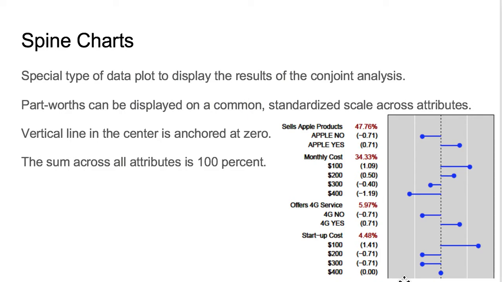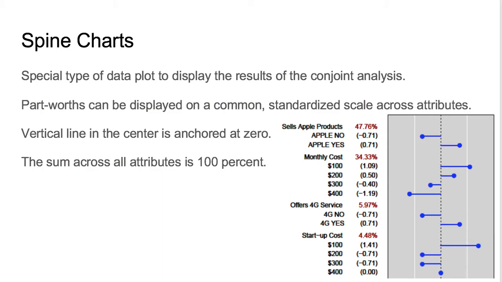So what does the spine chart say about this consumer's preference? If you look at figure 3.1, it shows that the monthly cost is of considerable importance. Next in order of importance is 4G availability. The setup cost is much less important than monthly cost because the setup cost is just a one-time cost.